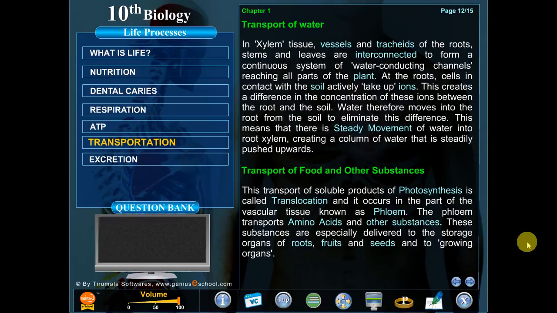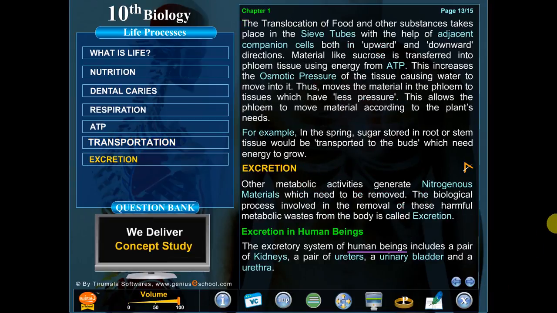These substances are especially delivered to the storage organs of roots, fruits, and seeds, and to growing organs. The translocation of food and other substances takes place in the sieve tubes with the help of adjacent companion cells, both in upward and downward directions.